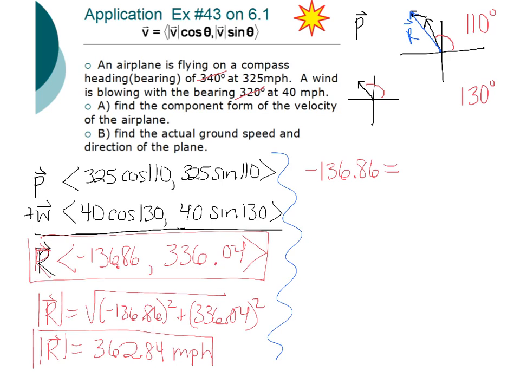Well, the magnitude I just found, I had to find that first before I could find the direction. This is the magnitude. I'm working everything with the resultant at this point. The magnitude is 362.84 times the cosine of theta. Let's divide by the 362.